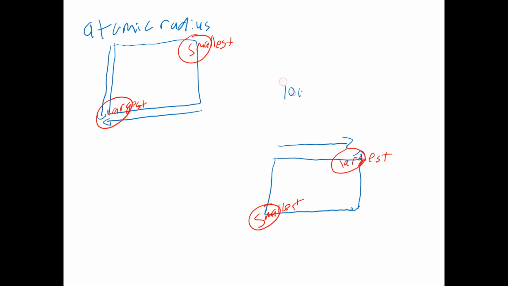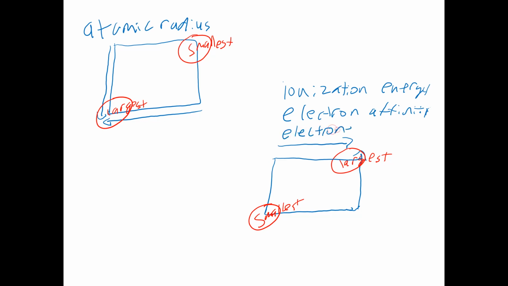This is the trend for ionization energy and electron affinity, and we're going to find out in a later video that this is also the trend for electronegativity. Electronegativity is how strongly an element pulls electrons toward itself, how strongly it attracts electrons.